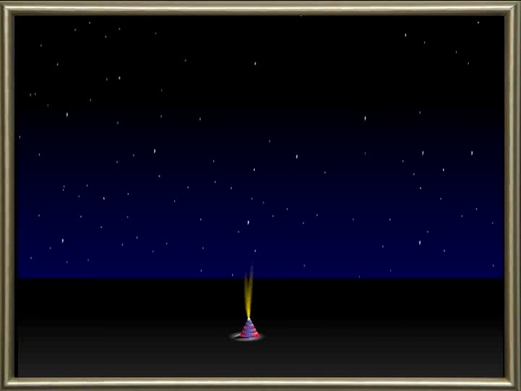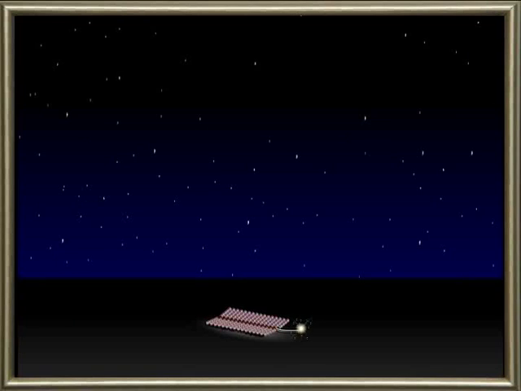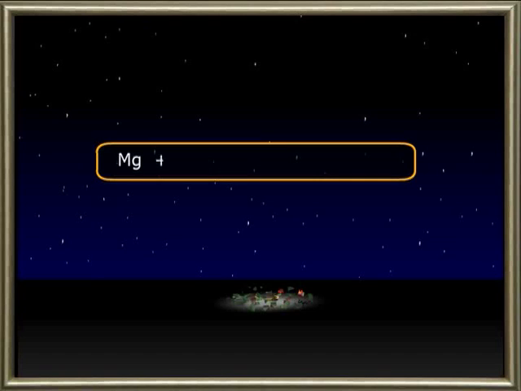When magnesium comes in contact with air, it creates a lot of heat and emits dazzling light. Magnesium reacts with air to give you magnesium oxide and magnesium nitride, and a lot of heat and a lot of light.